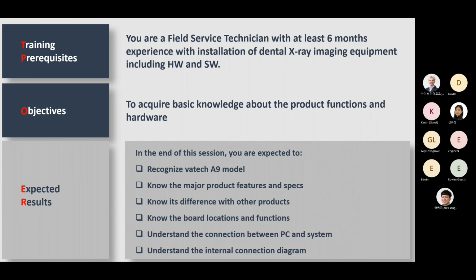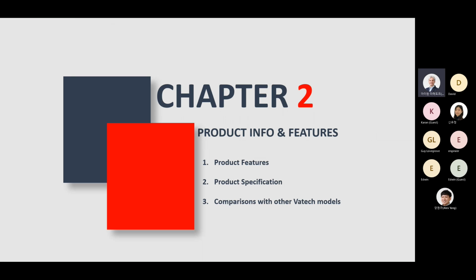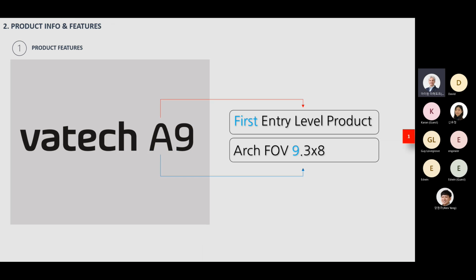About the name of this model, this is not so important, but just in case you wonder why it's VATECH A9. This is the first entry level in VATECH. The first time we made something new, which doesn't look like the other devices.